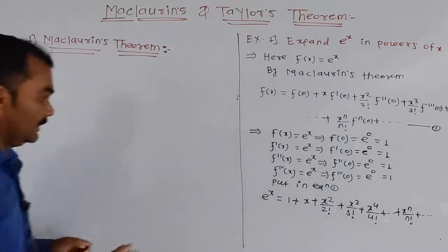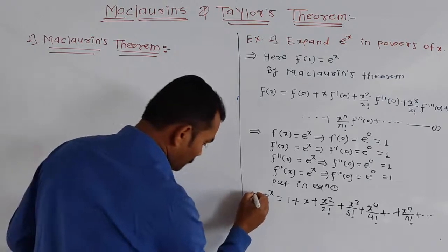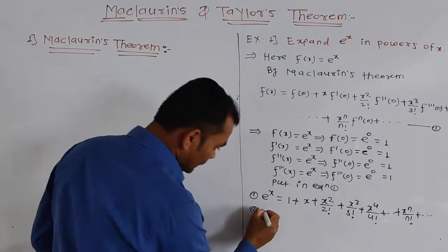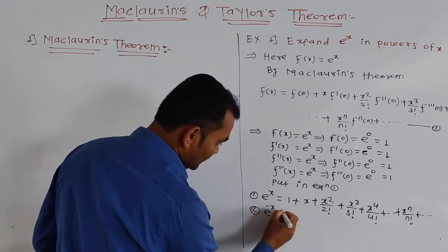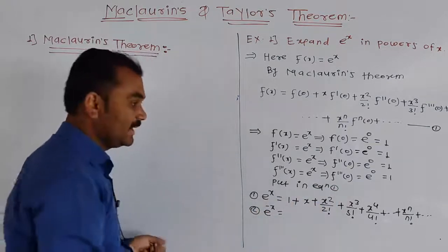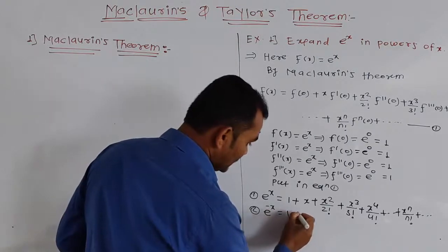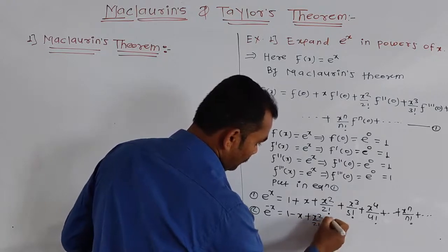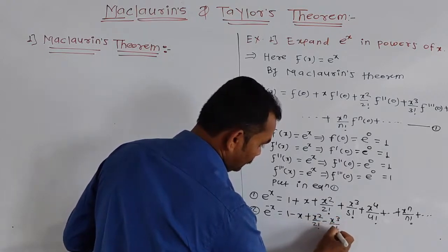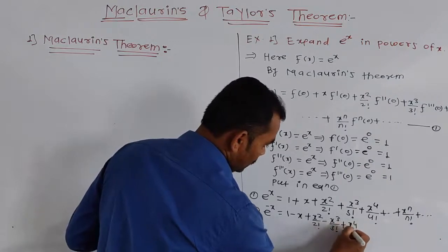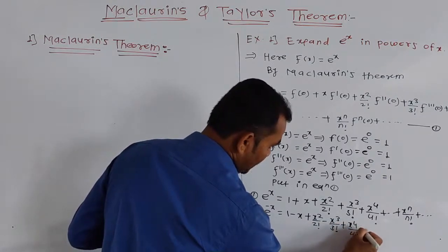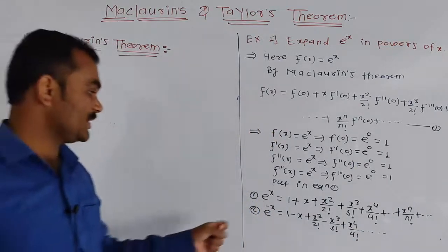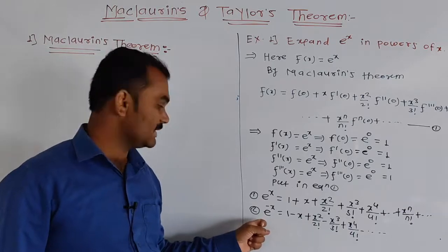Second, suppose this is your first, then second, suppose this x is replaced by minus x, so we get the expansion of e raised to minus x with alternately positive and negative signs: 1 minus x plus x square upon 2 factorial minus x cube upon 3 factorial plus x raised to 4 upon 4 factorial minus x raised to 5 upon 5 factorial dot dot dot. Okay, this is the expansion of e raised to minus x, and this is your second series.